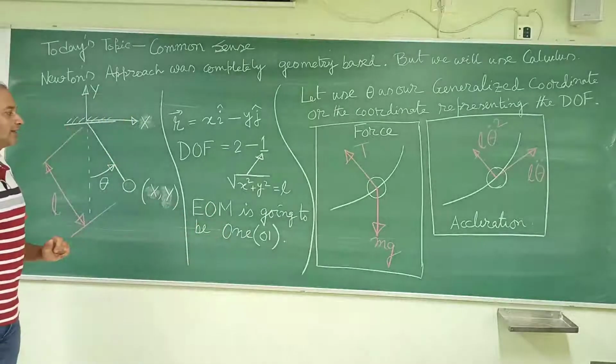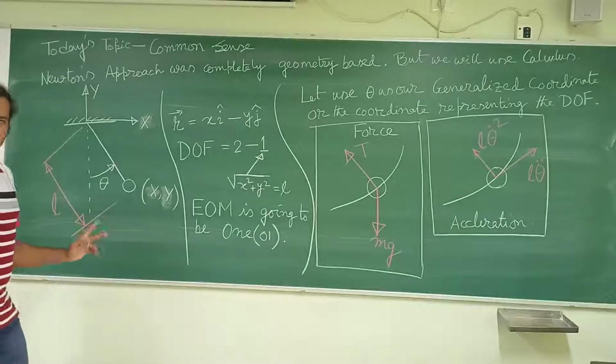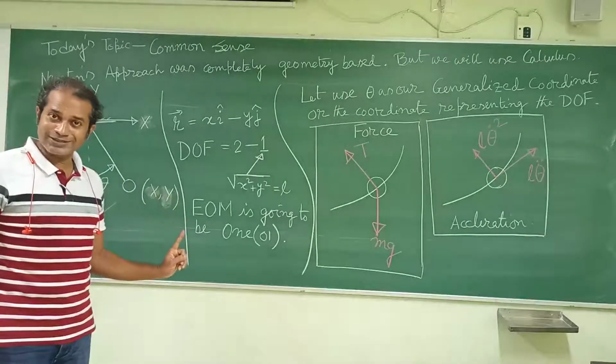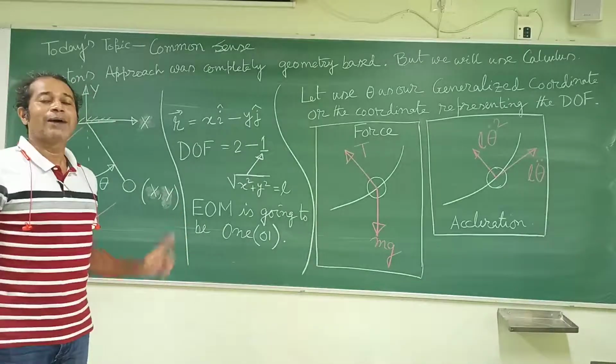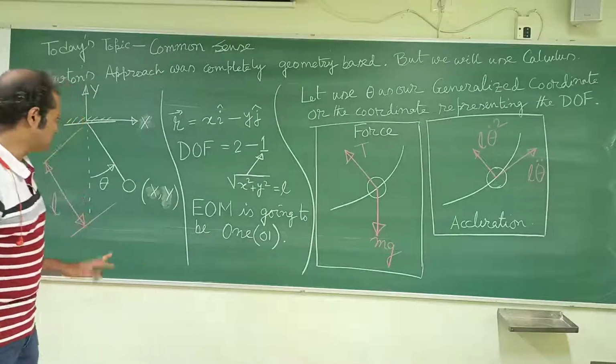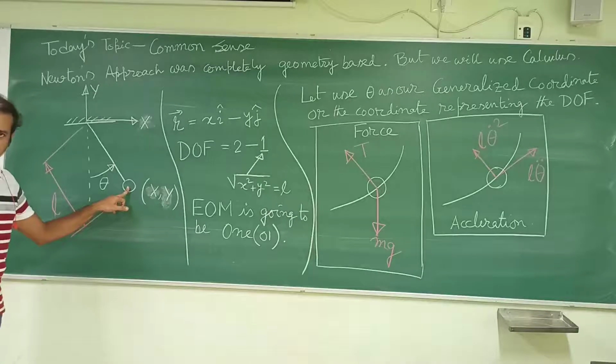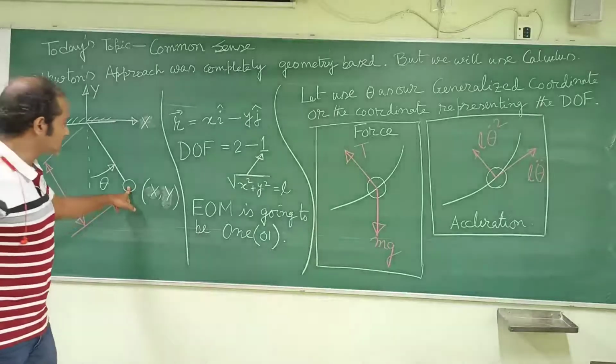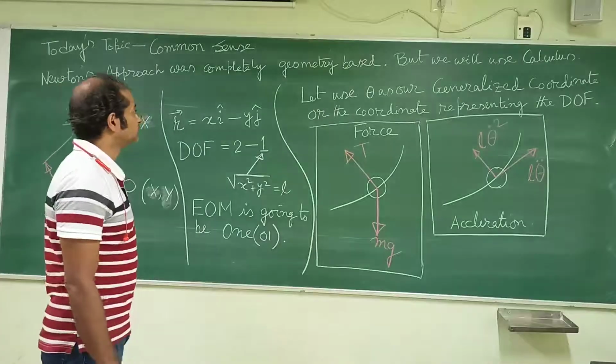It means that you are going to get only one equation of motion and you are going to solve that equation of motion. By solving it, you are going to get the position and velocity of this bob, and that is the objective of studying the course dynamics.